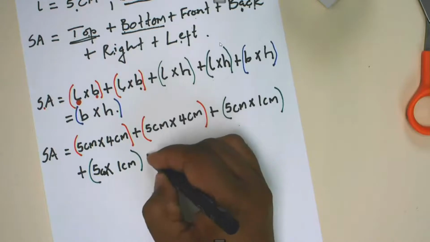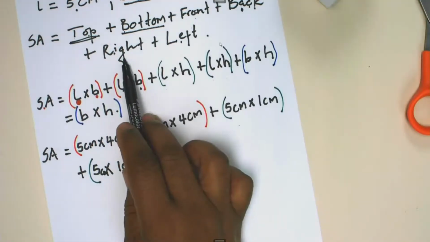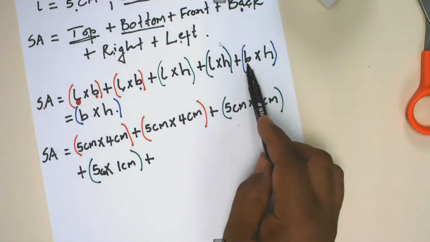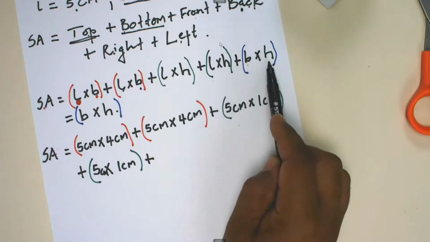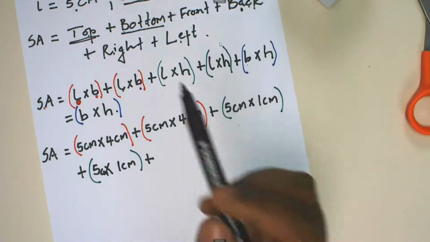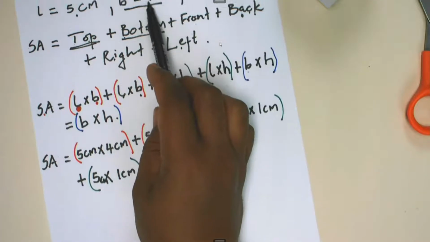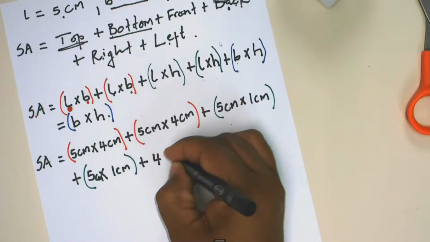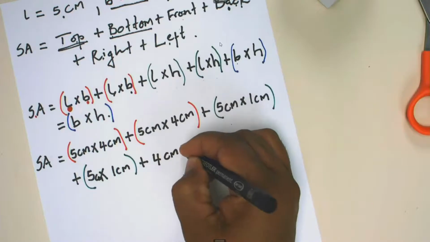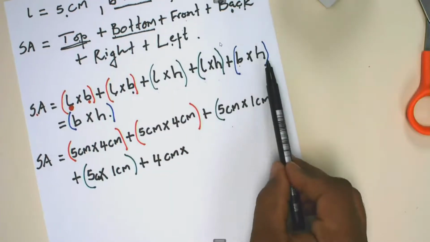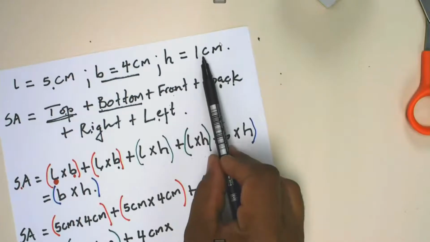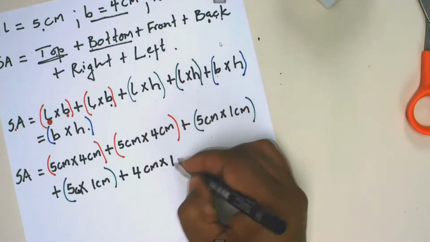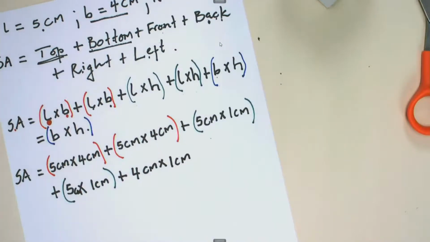Therefore, we'll say plus. The right hand side will be the breadth multiplying the height. And therefore, let's check. What is our breadth? Our breadth is 4 centimeters. Now we have 4 centimeters multiplying by the height. The height is given as 1 centimeter. Therefore, which color? The blue color.